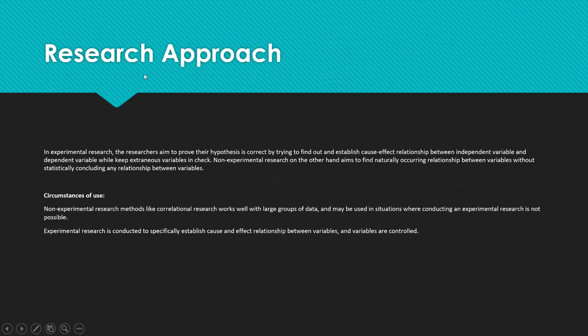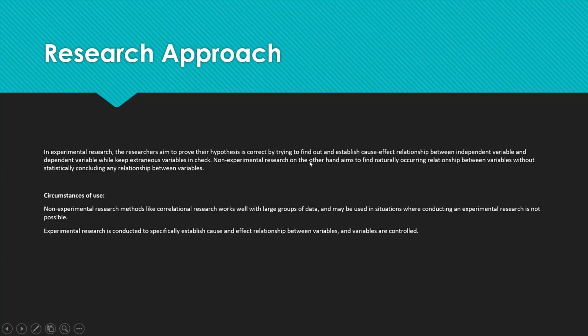And now the different research approaches. In experimental research, the researchers aim to prove their hypothesis is correct by trying to establish a cause-effect relationship between the independent variable and the dependent variable, while keeping extraneous variables in check. Sorry for the accent here. I don't know how that slipped out.